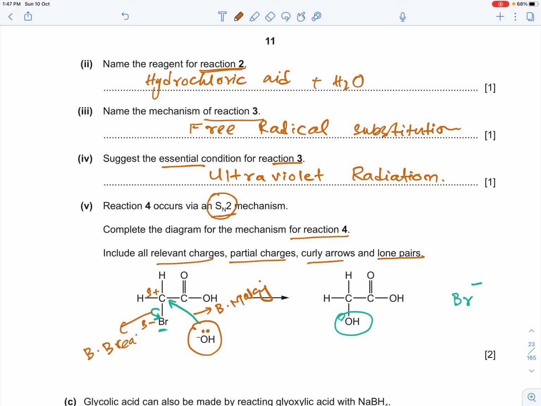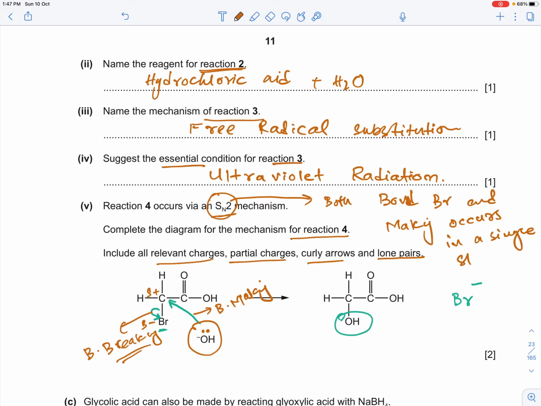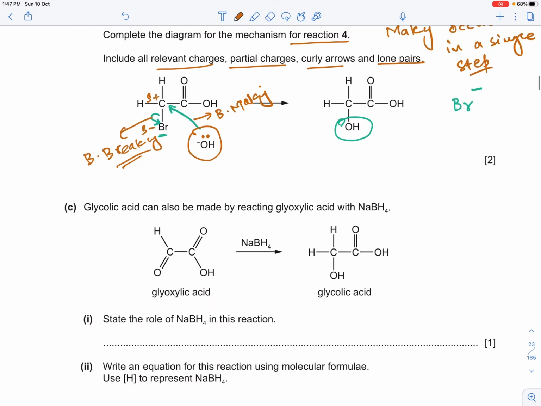So in the SN2 mechanism, both bond breaking and making occur in a single step. Alright, so this is the mechanism for the reaction.